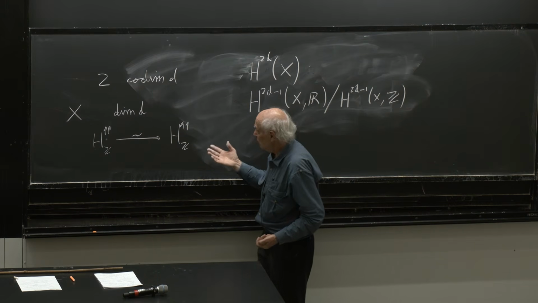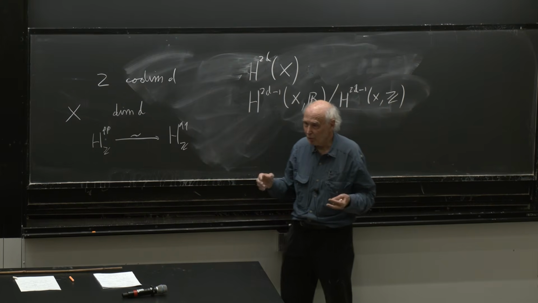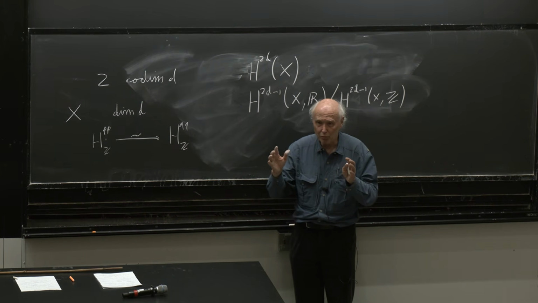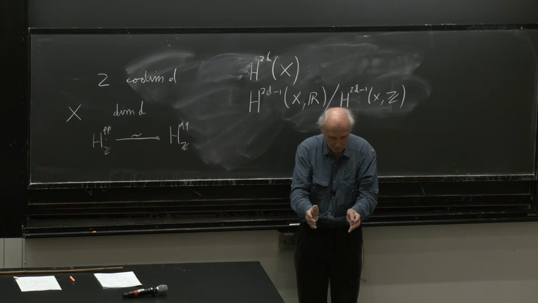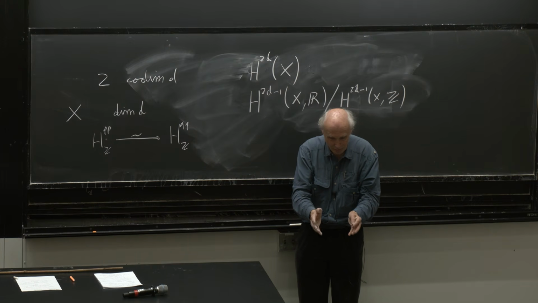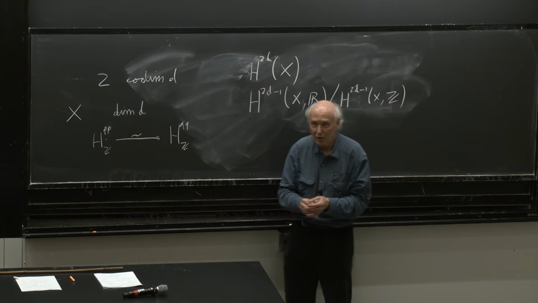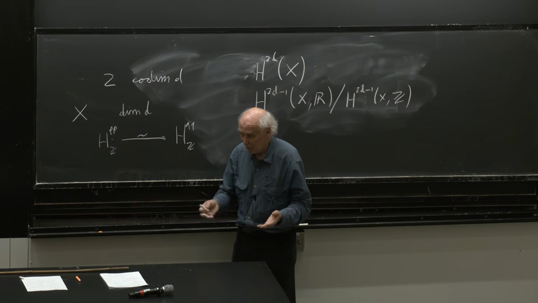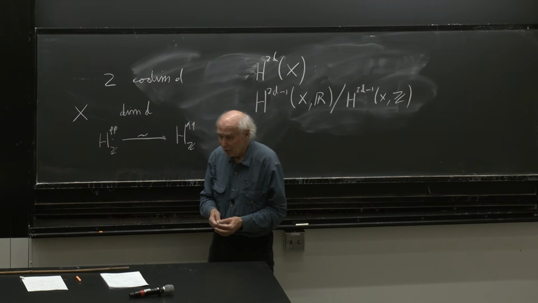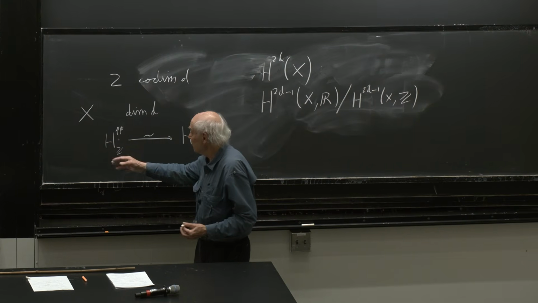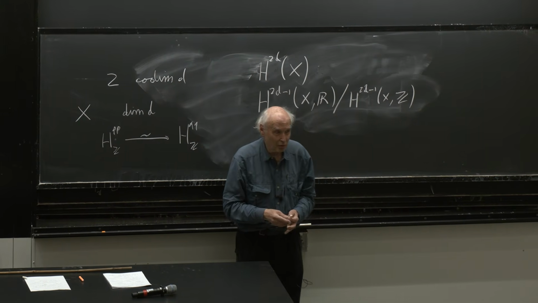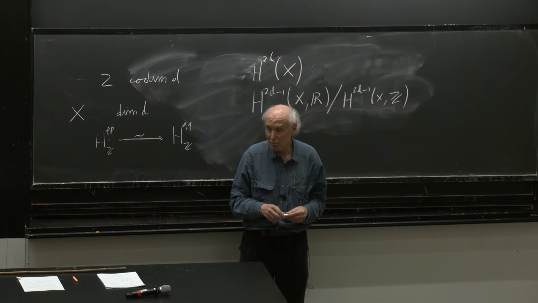So this gives a way from a Hodge circle of small codimension to deduce a Hodge circle of big codimension, and take such a Hodge circle of big codimension.